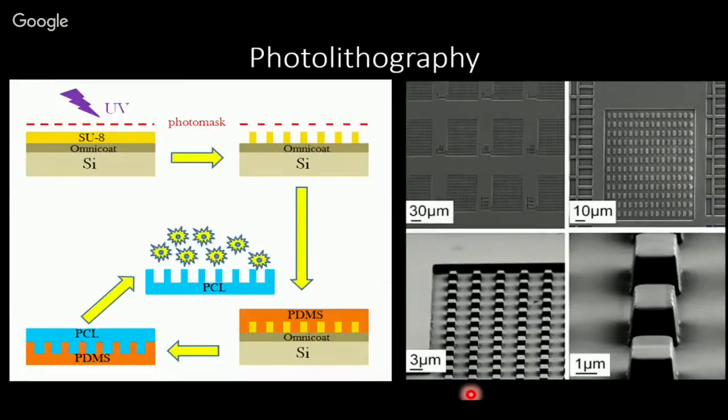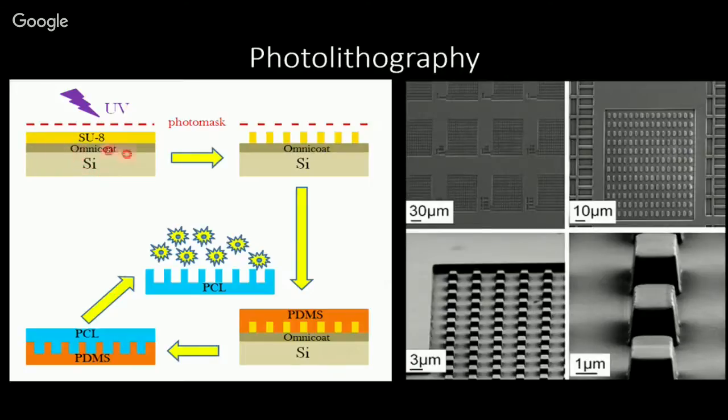So photolithography is another useful method. This is how it works. This is a very simplified setup, and I think it's important for you to know just the basics, because this is such a pervasive method, and it's used everywhere, from computers to microfluidics. So what you do, you start with a silicon wafer.